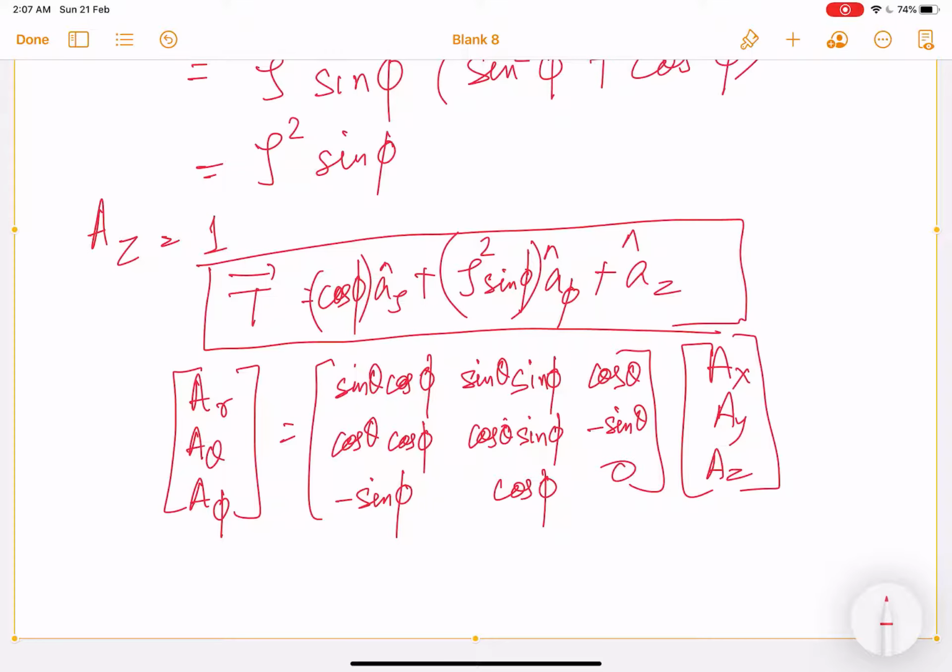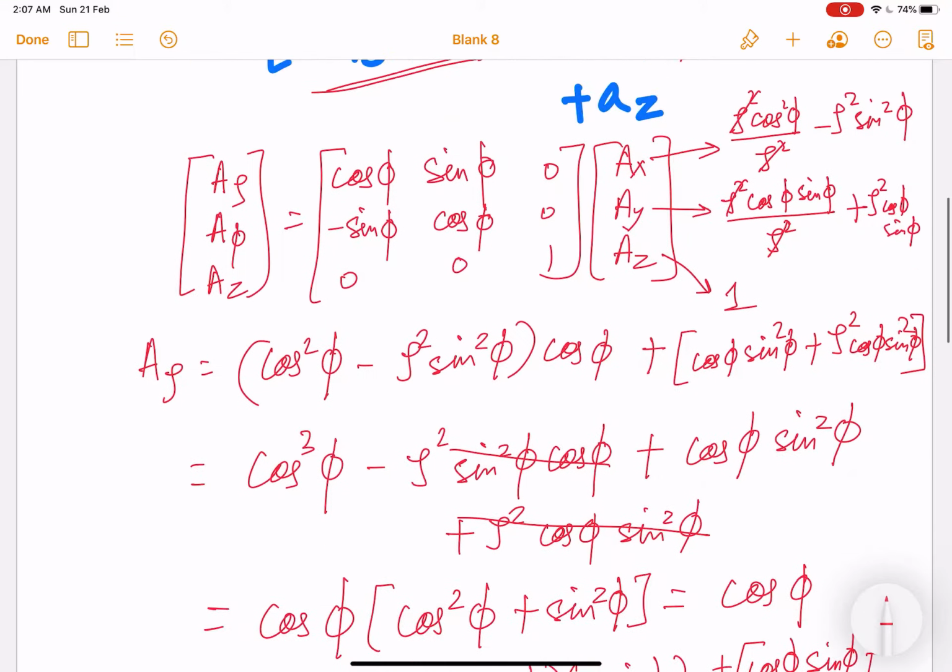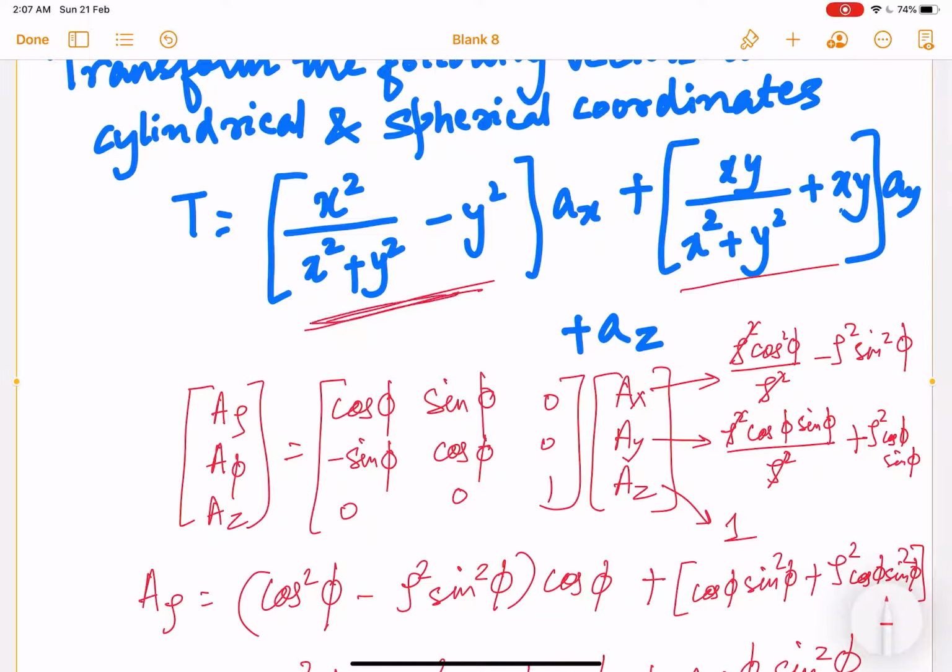Now again a substitution. It was x square by x square plus y square minus y square. How will I write it in spherical coordinates?